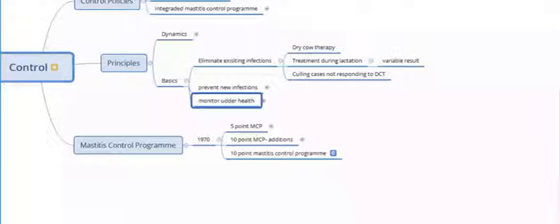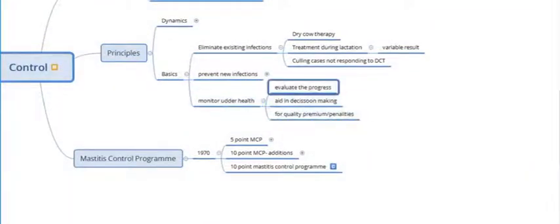And what about monitoring of udder health? Once you have started trying to eliminate the infection and started preventing new infections, you have to regularly monitor the udder health, to see how your project is progressing. Is the number of mastitis cases decreasing?